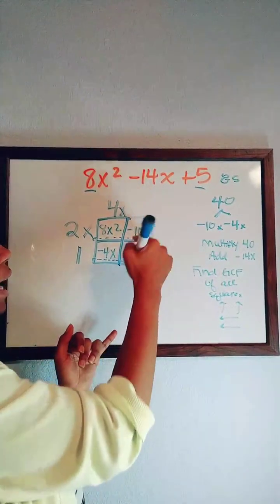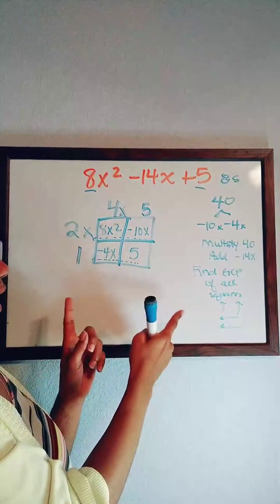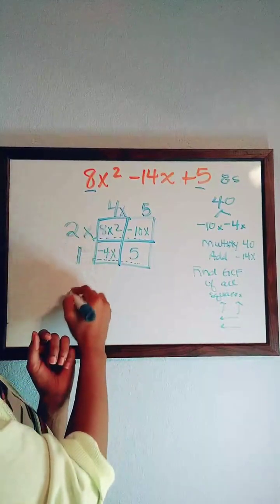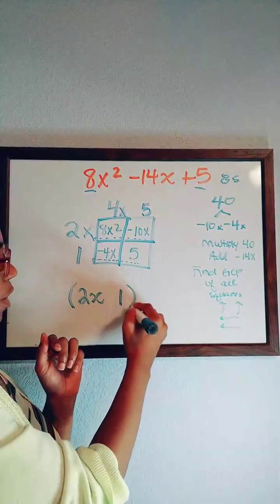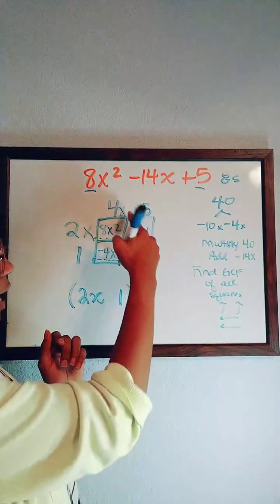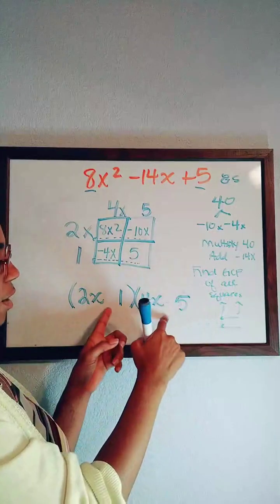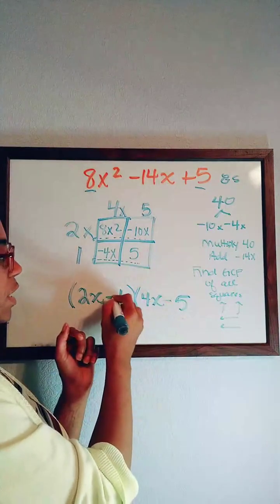5, okay? And here, I have to be careful about my signs because something is going to have to be negative, right? So when I get ready to write my answer, I have 2x and a 1. Then I have 4x and a 5. Now, if this is positive, that means both of these are negative.